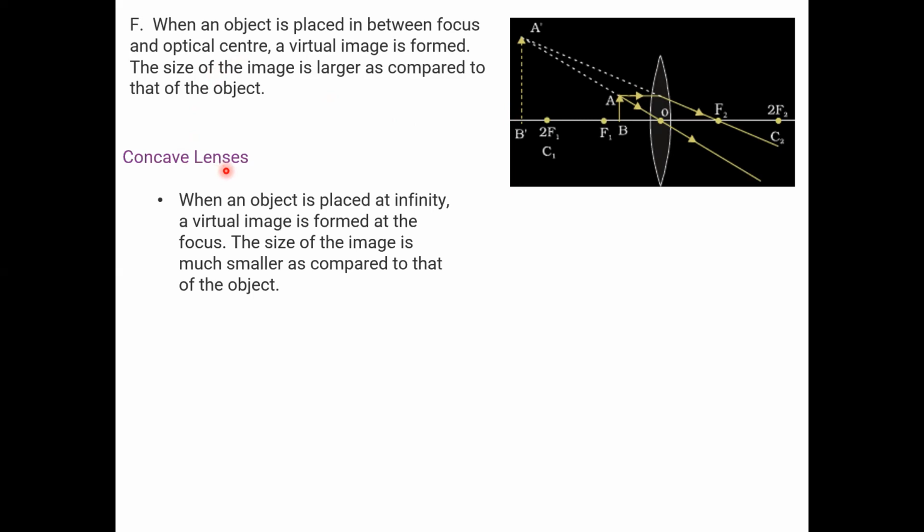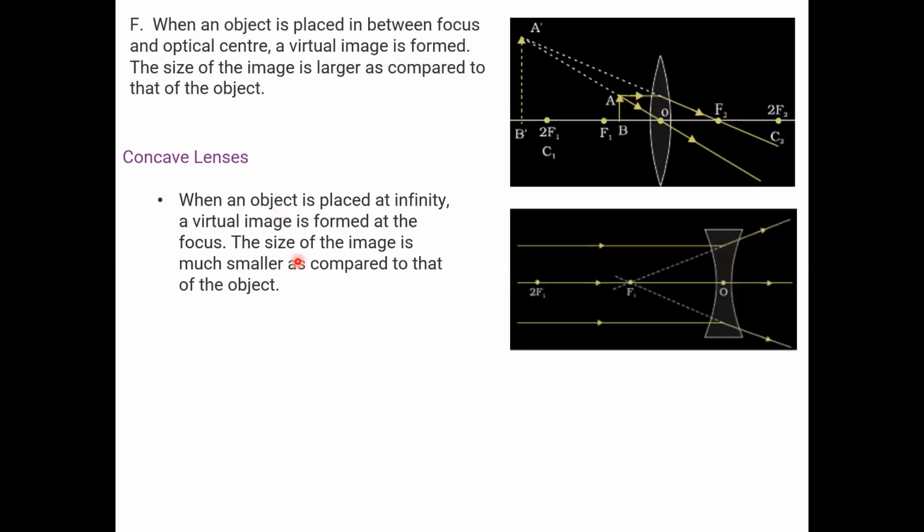What about the position of the object? That is, irrespective of the position of the object, in all cases we will get a virtual and diminished image. So here two cases we will discuss. First of all, when object is placed at infinity, you will get the image at focus.